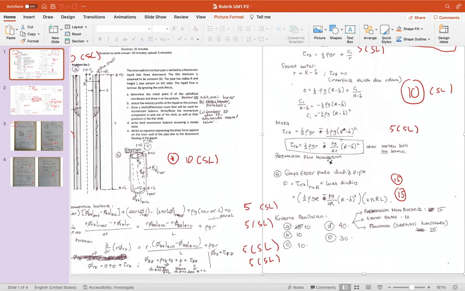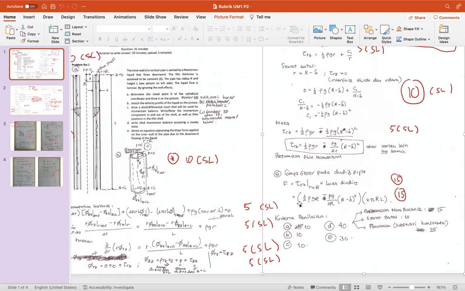And after that, number E, it is shear force, deriving the expression for the shear force applied. Shear force in Indonesian is called gaya geser pada dinding pipa. So the shear force would be the shear stress at the inner wall multiplied by the area.